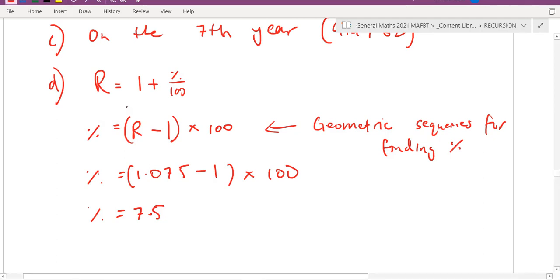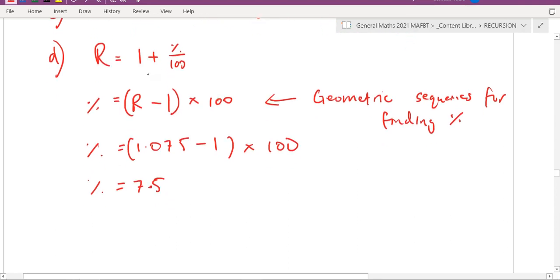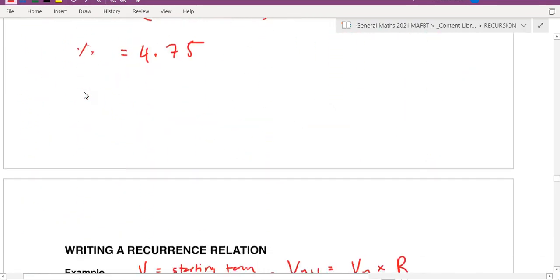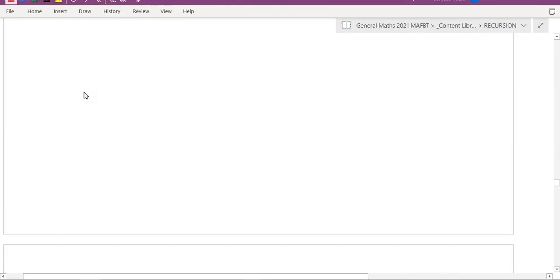I didn't provide a formula sheet for these notes, but at least you'll have it in your notes. So if it's asking you to prove the percentage, use this formula if it's an increasing geometric. All right, let's keep going to the next part.